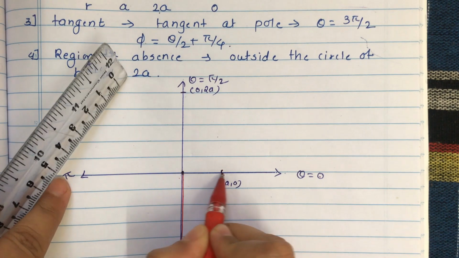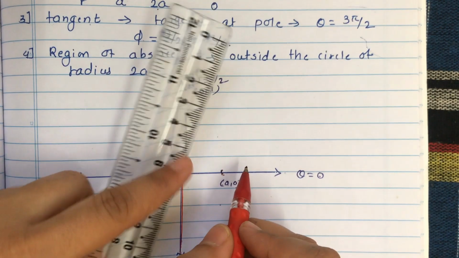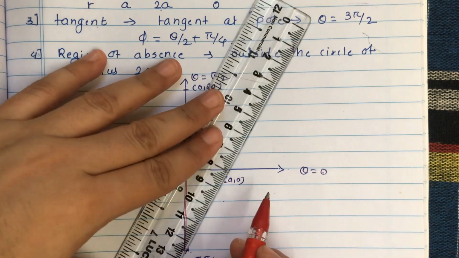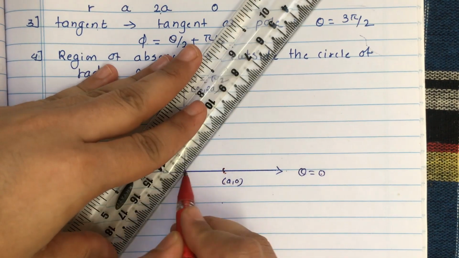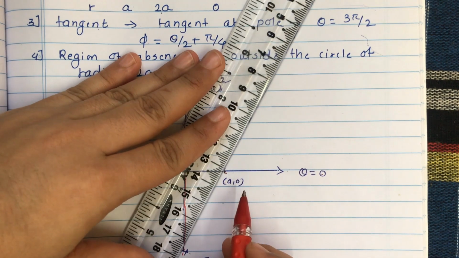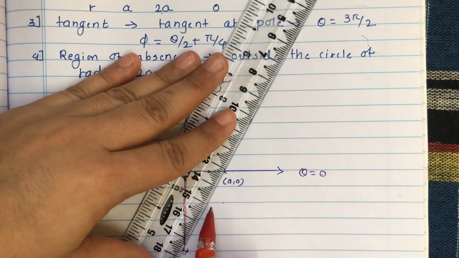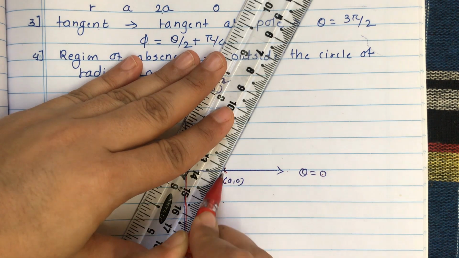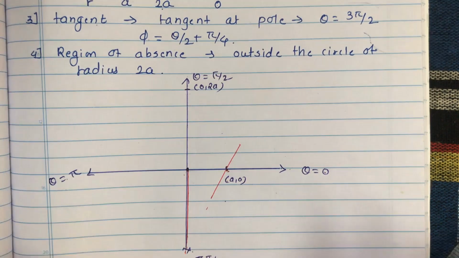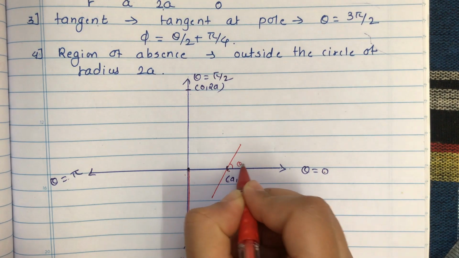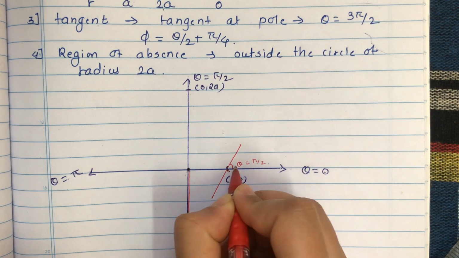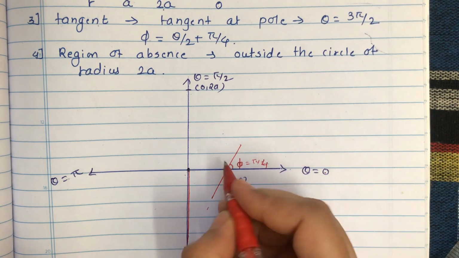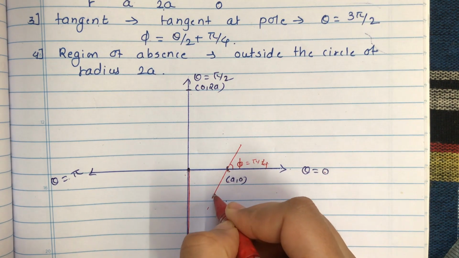This is the radius vector. So we have to draw the tangent such that phi is equal to pi by 4. So consider this as the radius vector and the pi by 4 line. This angle we'll say phi as pi by 4. So this will be the tangent line.